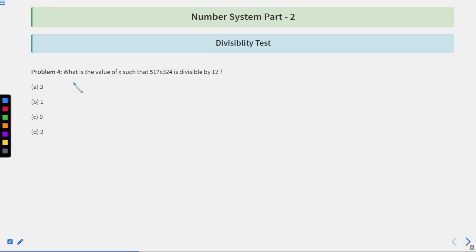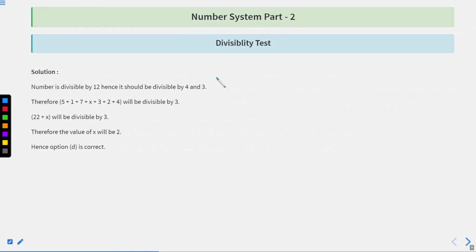Moving on to problem number 4. What is the value of x such that the given number 517x324 is divisible by 12? The number is divisible by 12, hence it should be divisible by 4 and 3.